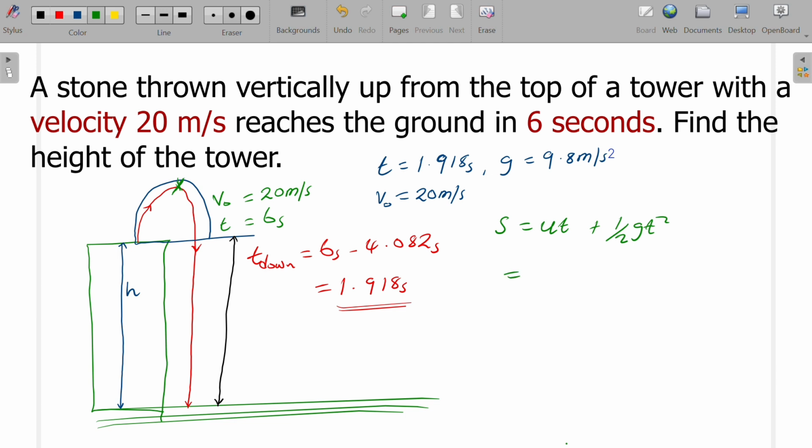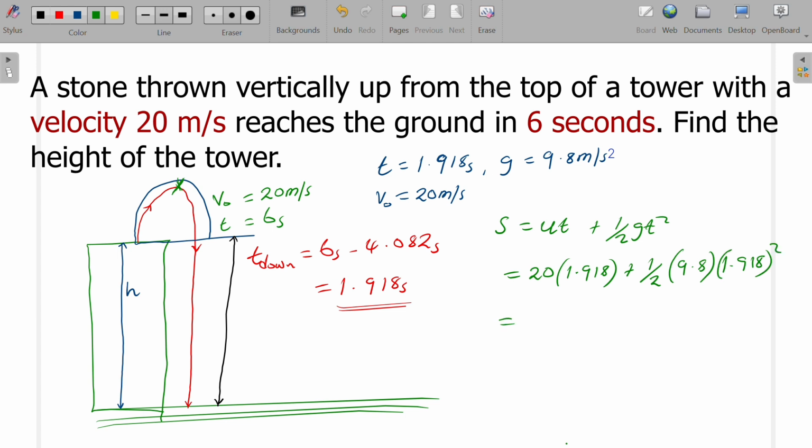Our initial velocity, represented by u, is 20, so we put 20 there, multiplying our time, which is 1.918. This is being added to half of 9.8, multiplied by time, 1.918, squared.